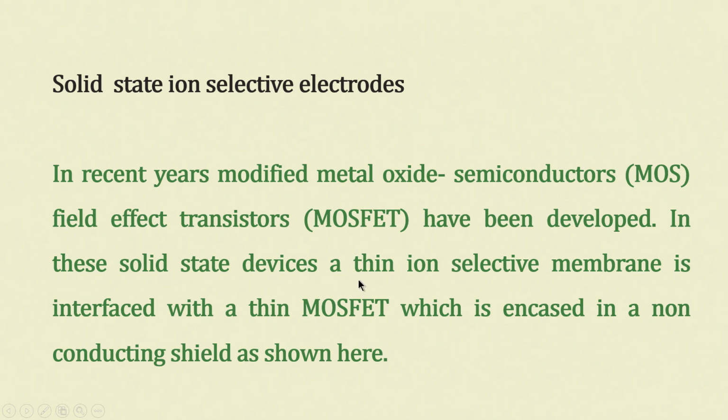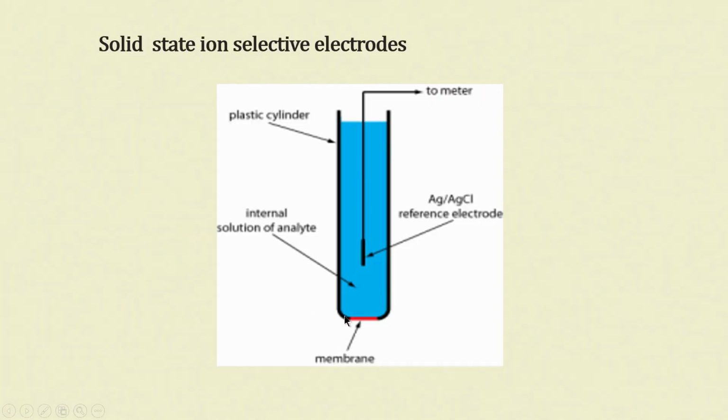Here a thin ion selective membrane, and thin means really thin, of the order of about 10 raised to minus 4 centimeter or some micron size, maybe below micron size, is interfaced with a thin MOSFET, that is the base, which is encased in a non-conducting shield. I will show you a figure. Here you see the membrane at the bottom, red color. This contains the solid state ion selective electrode with a metal oxide semiconductor, both sealed in the membrane.